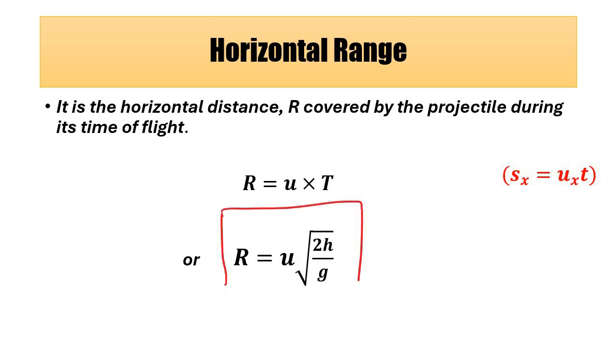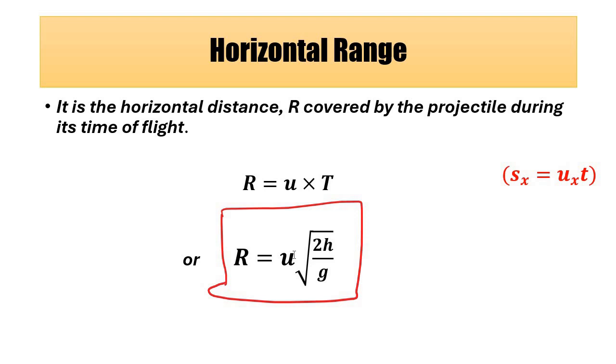Again see, 2h by g does not have any variable components. These are all constants. Height h cannot change. Acceleration due to gravity g is also constant. So time of flight is a constant parameter, depending upon the height of the cliff and acceleration due to gravity.